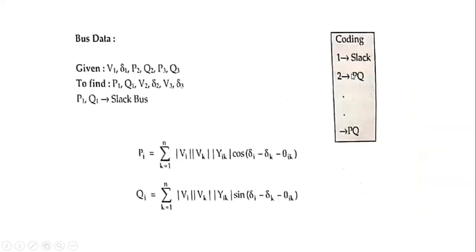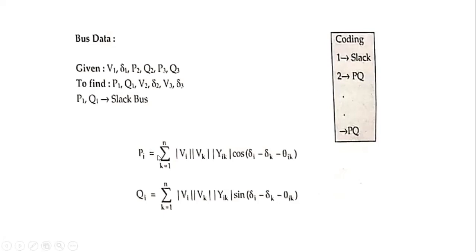That will be substituted in that formula; this is the Pi value and this is the Qi value. Before going to the stage 2 calculations, first we substitute i is equal to 1.